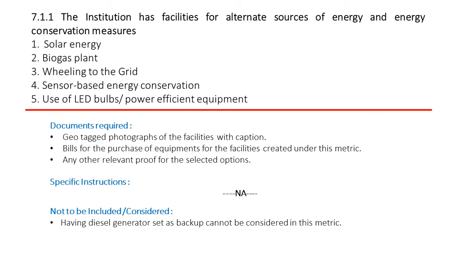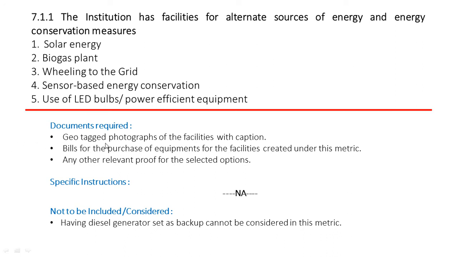Now here we can see geotagged photographs are asked for in this metric as proof. The method or the steps to be followed to click a geotagged photograph have been explained in the guidelines video. Also, the photographs may be beyond 5 MB if you have many facilities available in your institution.